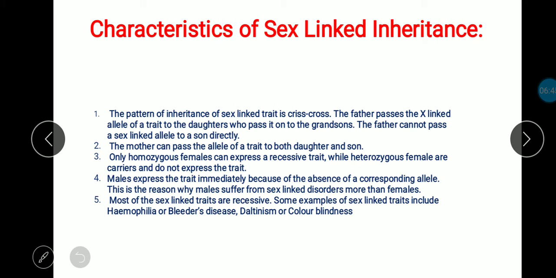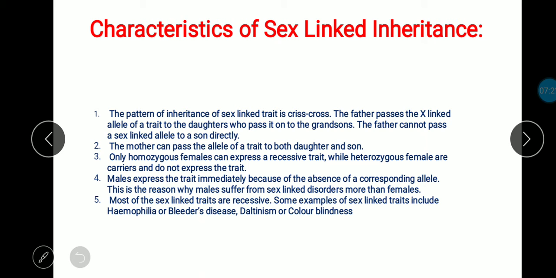The characteristic of this inheritance is that the pattern of inheritance of a sex-linked trait is crisscross, meaning a zigzag manner. A father passes the X-linked allele of a trait to his daughter, who passes it to the grandson. The father cannot pass the sex-linked allele to his son directly.